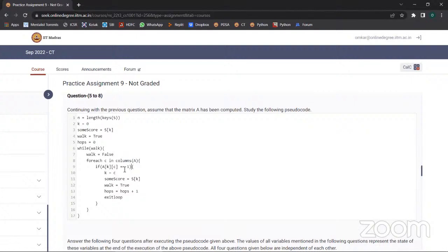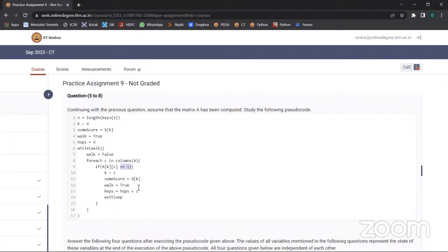So this is not possible. Maybe next possibility, C becomes 1. So A of 0, 1. That means student number 0, the student with roll number 0, scored more marks than student with roll number 1. Then only this will be 1.